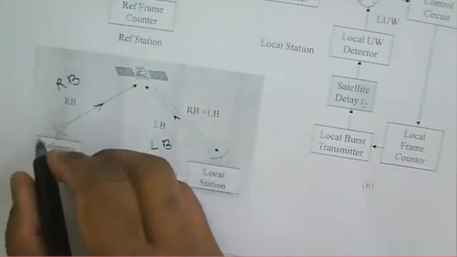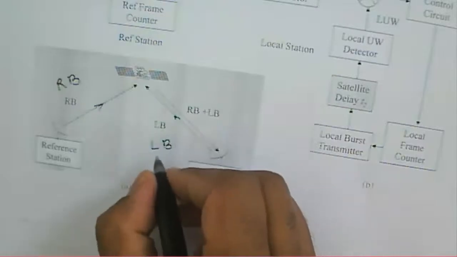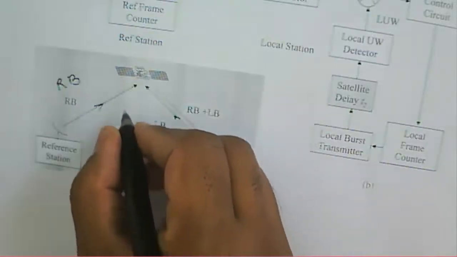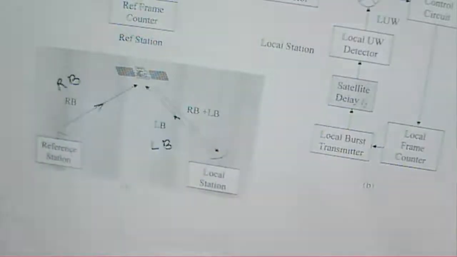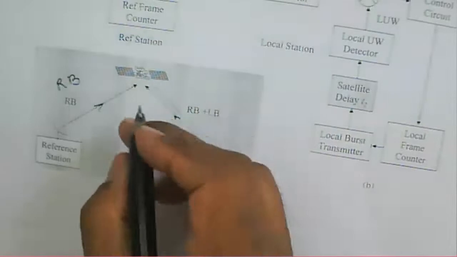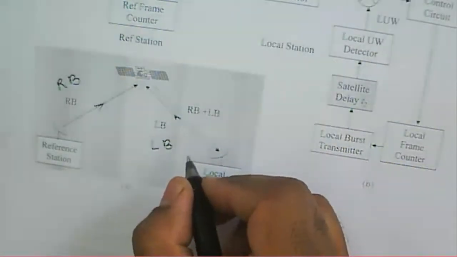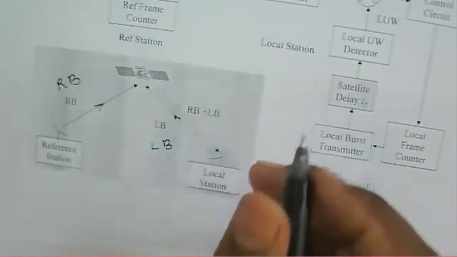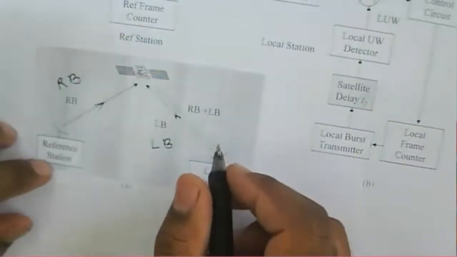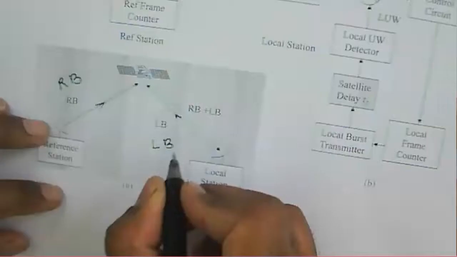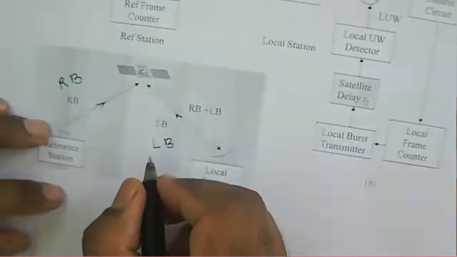So now using this reference bus and local bus, we can find out the preamble transmission time that will be received, a local unique word, and that will provide you the correct location or position in a particular frame.